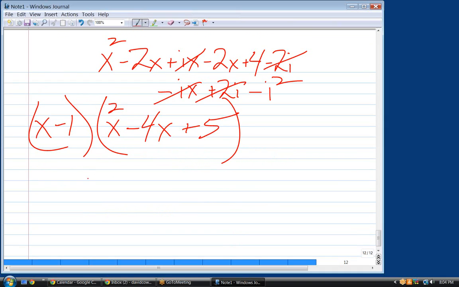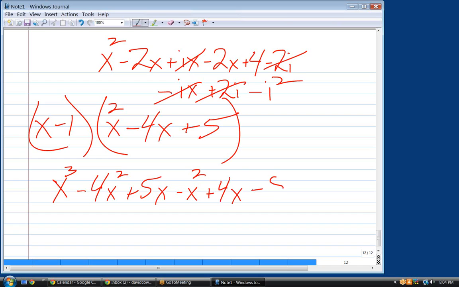What's this times this? x cubed minus 4x squared plus 5x. Then negative x squared plus 4x minus 5.